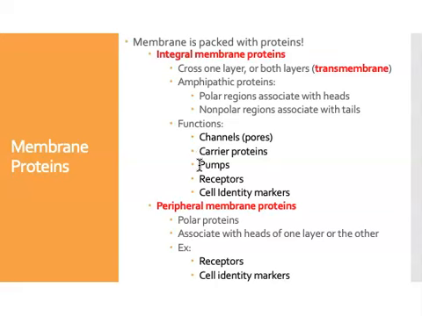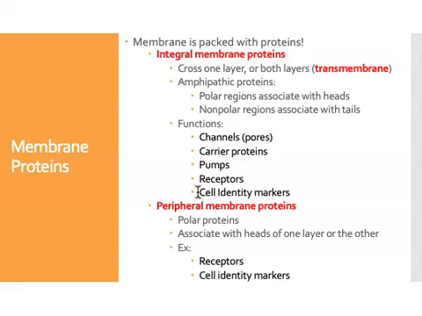Some of them function as pump proteins. They're going to pump molecules across the membrane using ATP for energy. Some of them serve as receptors, receiving information from both outside and inside of the cell. And some of them are going to serve as cell identity markers, particularly on the outside of the cell.